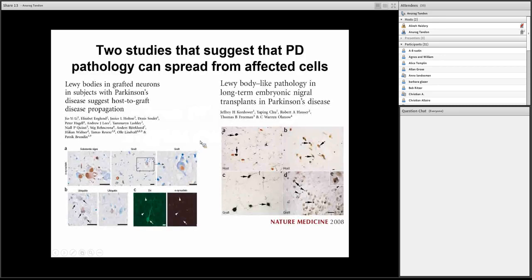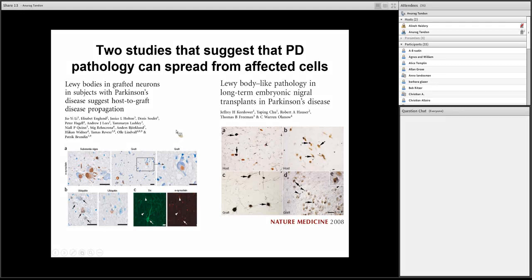There was a major advance recently, and there were a couple of studies that suggested that Parkinson's disease pathology may be able to spread from one affected cell to another. The way this came about was two groups, Jeffrey Kordower's and Patrik Brundin's groups, in collaboration with people like Warren Olanow, looked at postmortem brains of individuals who had Parkinson's disease and then had received dopaminergic grafts.